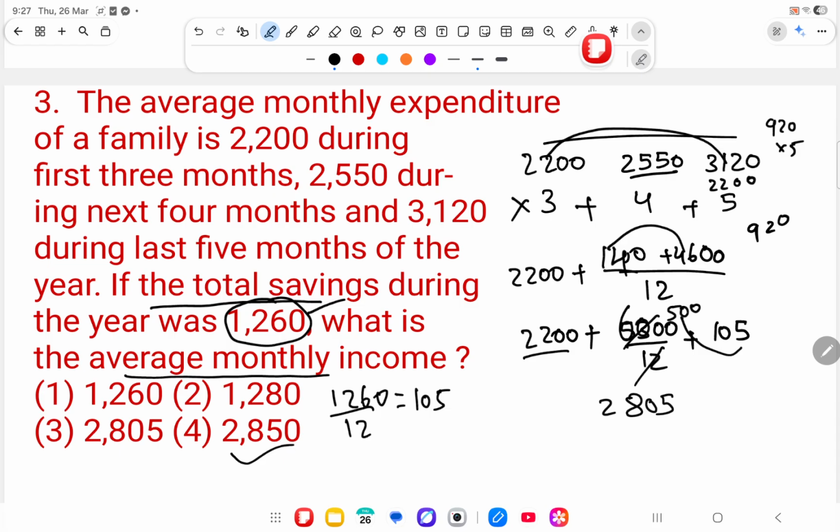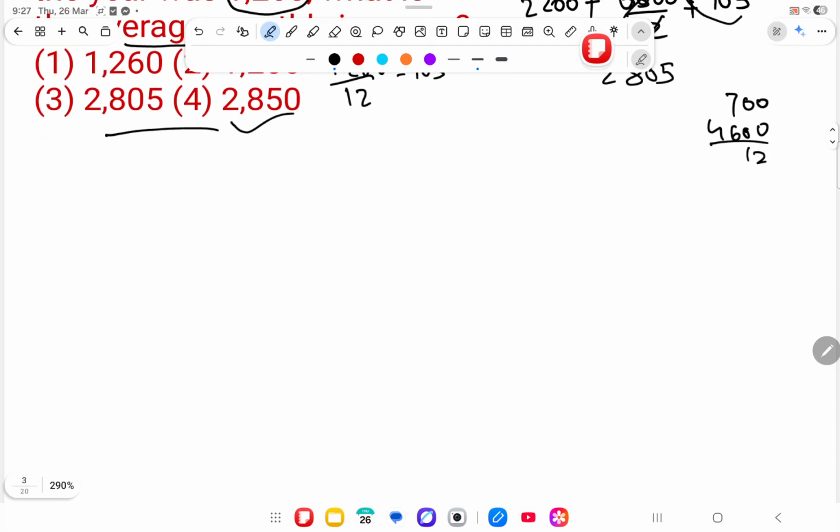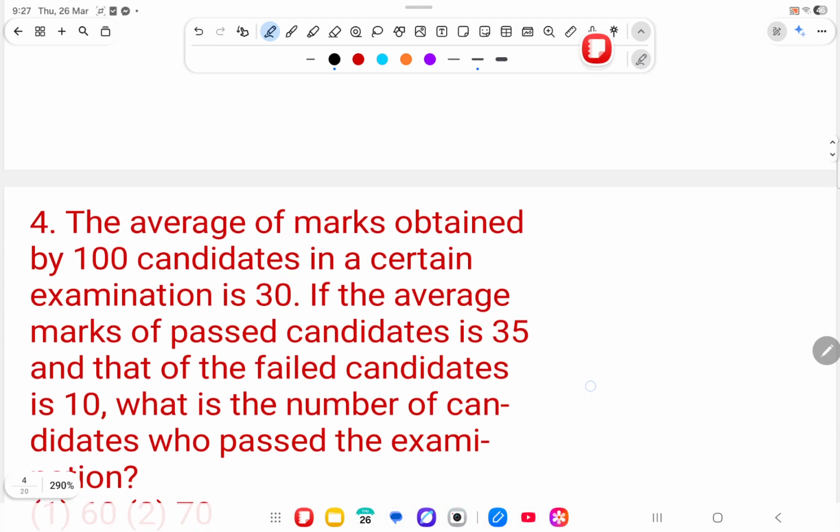Why I have a doubt? Because previously it is 700 we have taken. 700 plus 4,600 is not divisible by 12 completely, but the answer is an integer value given. So I stopped. I have a doubt in that.